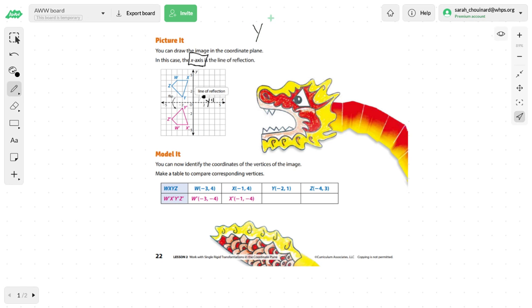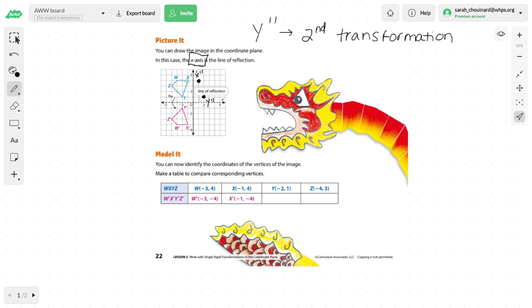So when I say y double prime, that means the second transformation, because I already did one reflection. So this is my second transformation of the original shape. Now x is 1 unit from the y-axis, so we need to go 1 unit in the other direction to give us x double prime.